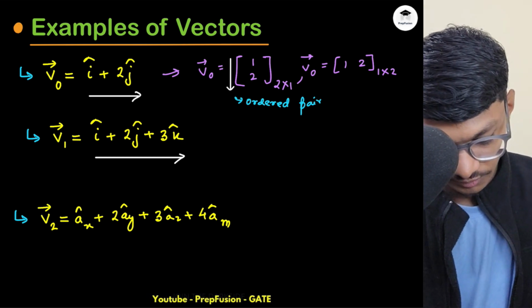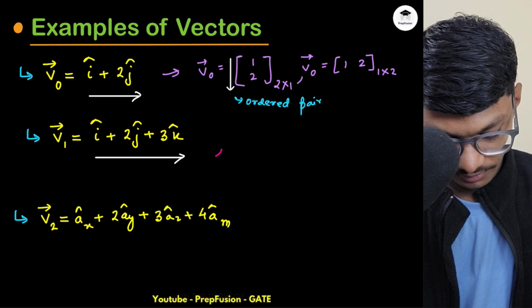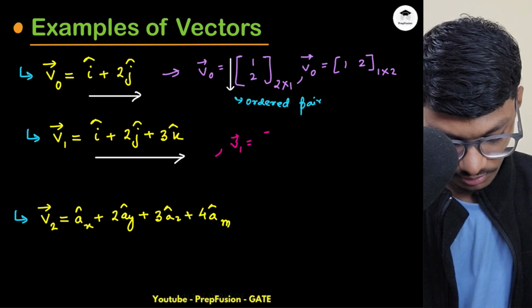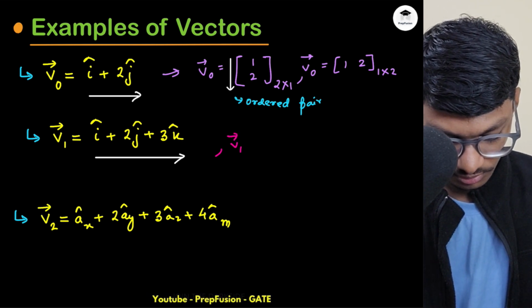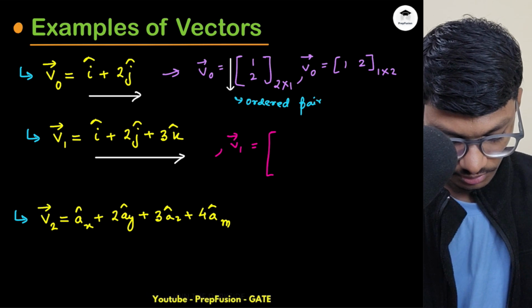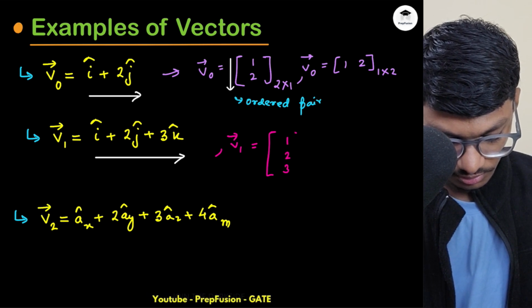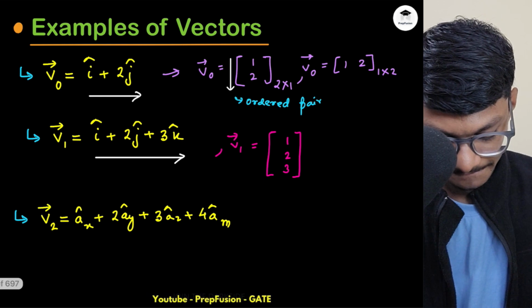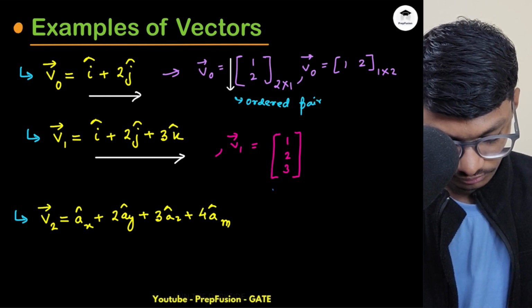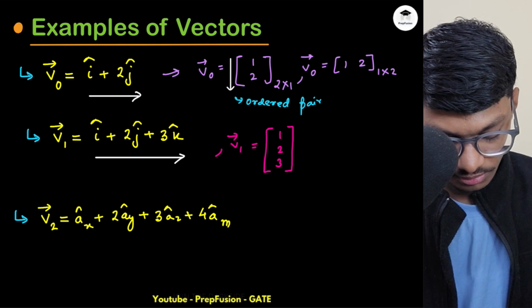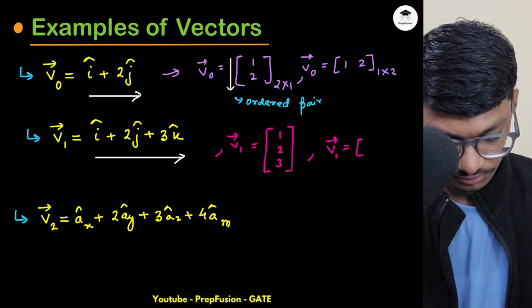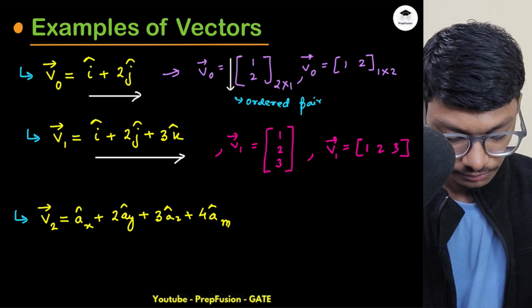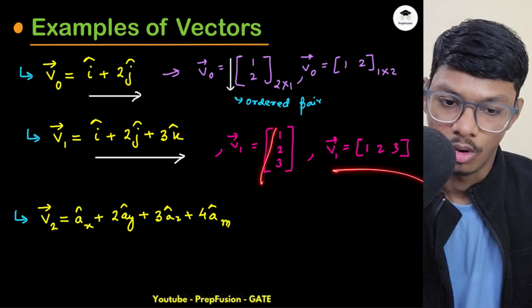So this time my v1 is 1 2 3, and obviously I can write this in the row format as well, 1 2 3. Okay, so as you can see, again this is in the ordered format.